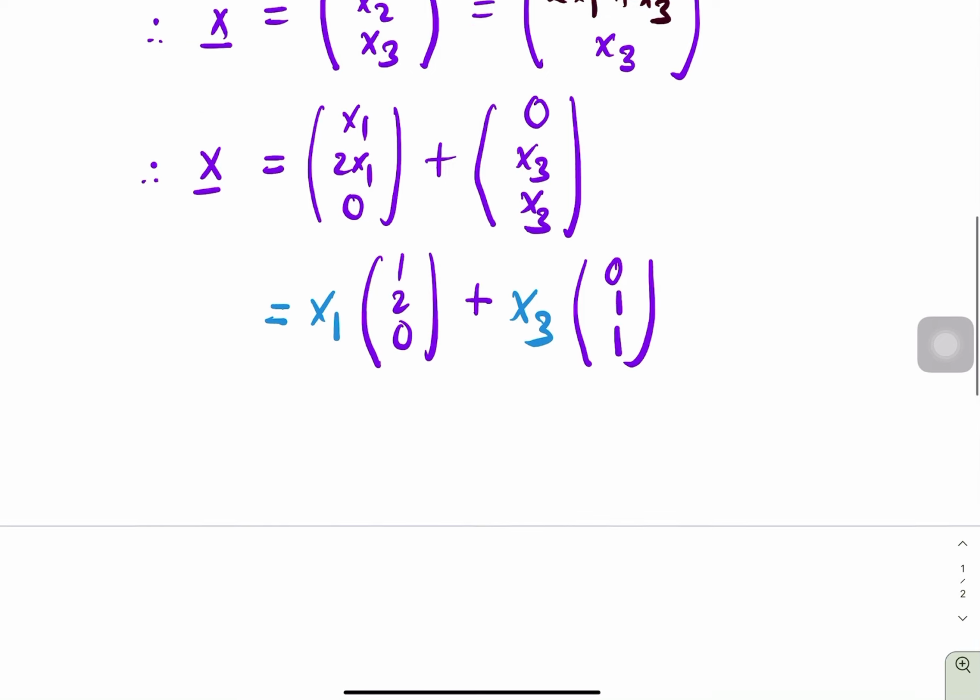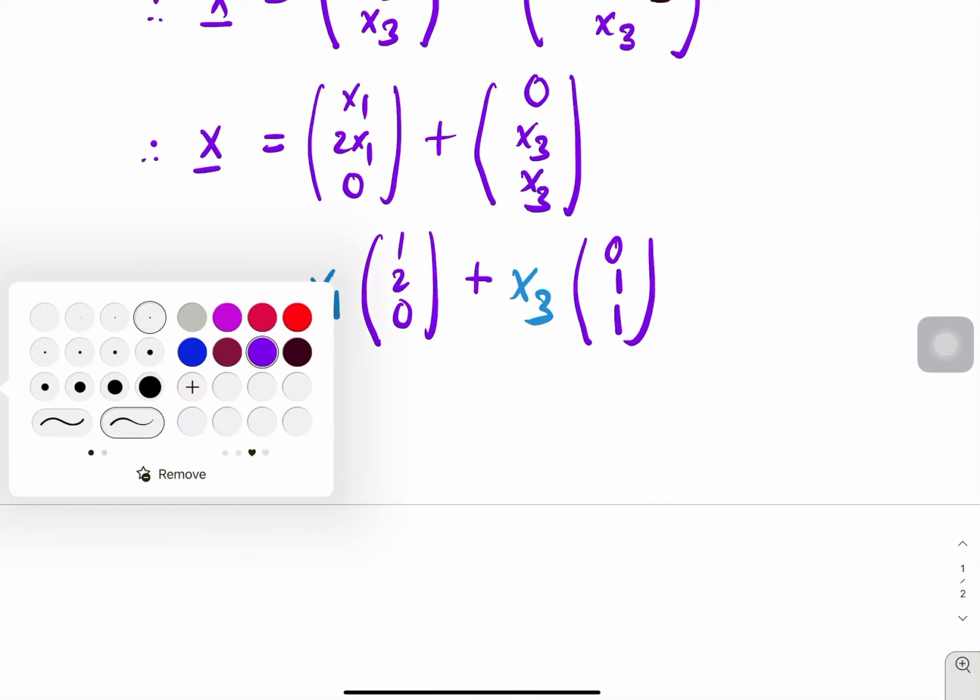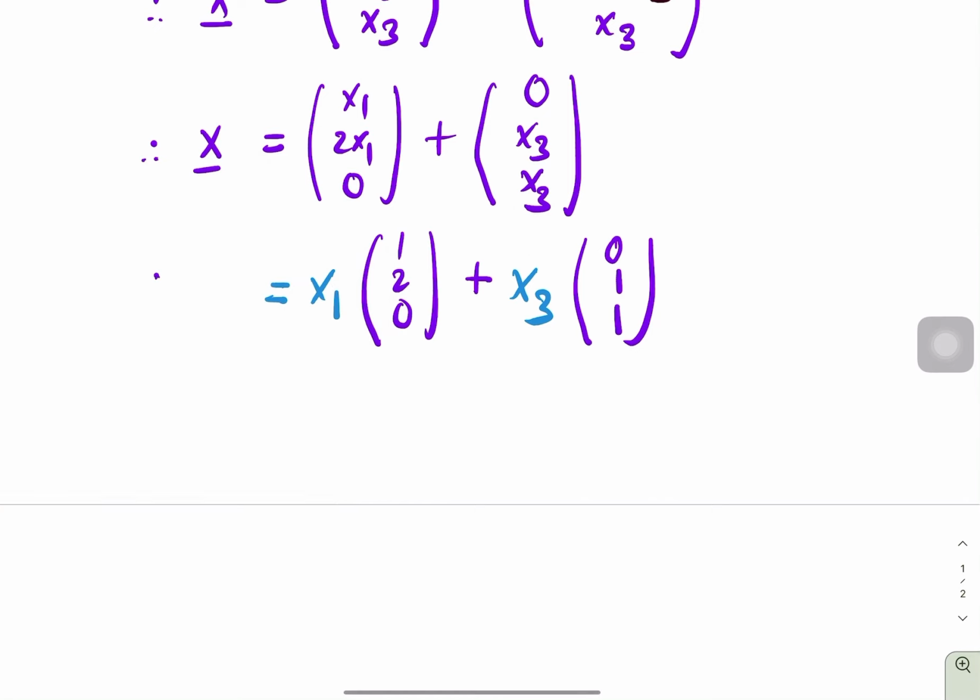So you will see that the vector x, which is this one here, can be written as a linear combination. Bear with me: this is a column vector, and this one is a real number, and this one is also a real number multiplied by a vector.